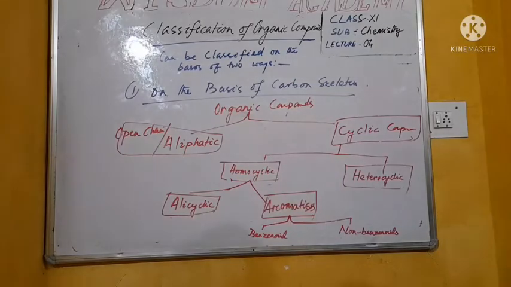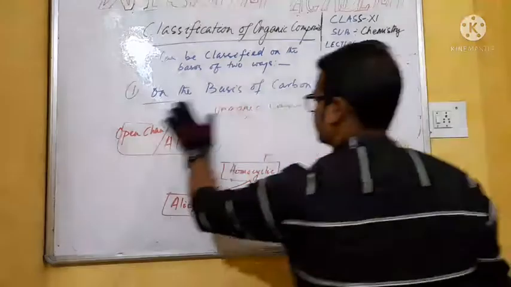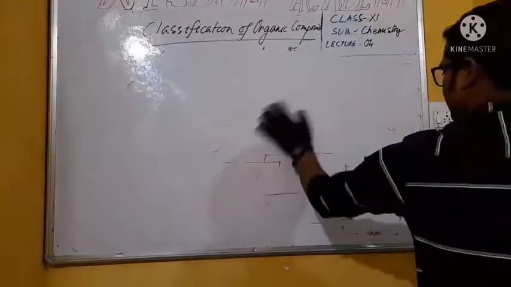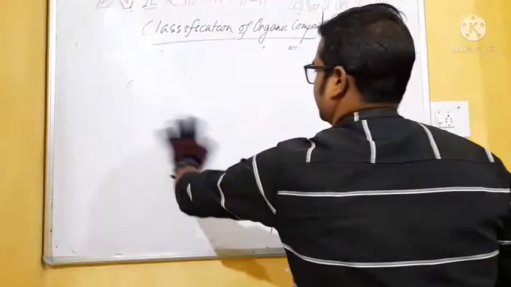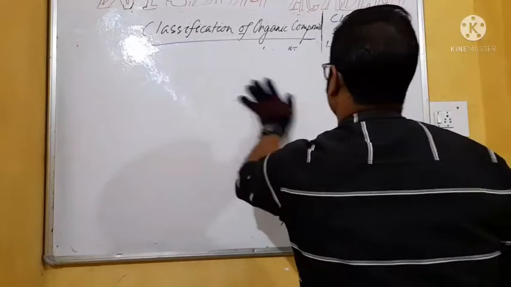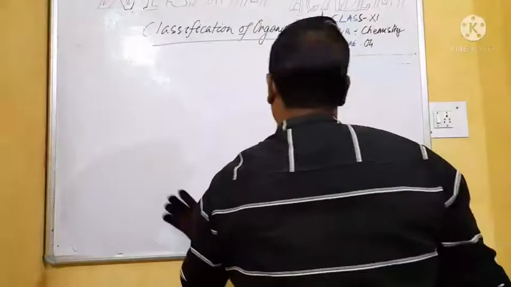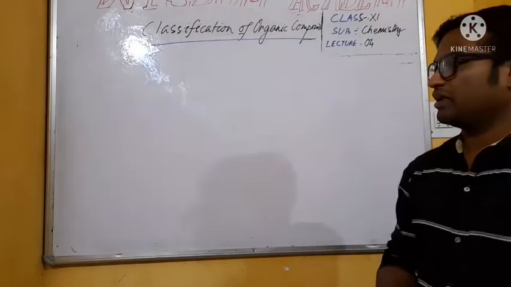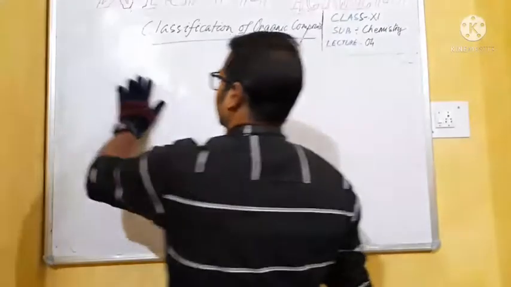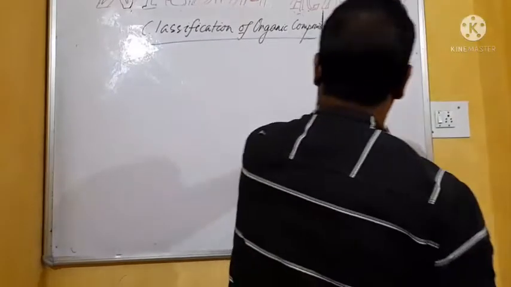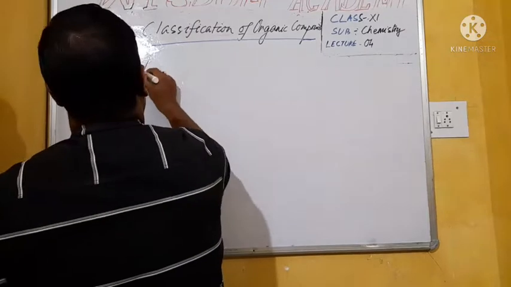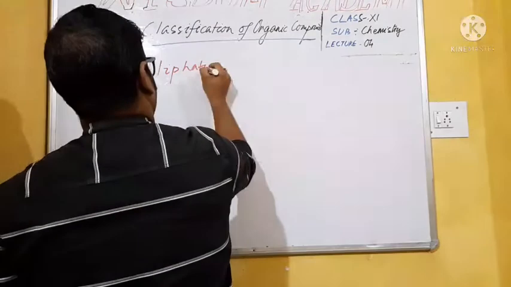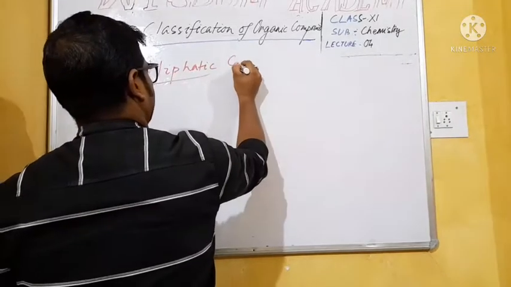Now start with aliphatic compounds. Write down aliphatic compounds. In today's lecture, I will give just hints about such classification, not details. Later, I will give another lecture with the details. So, what do you mean by aliphatic compounds?